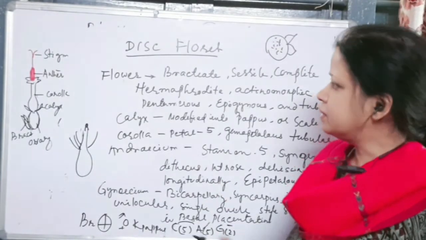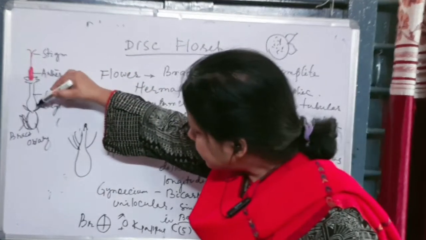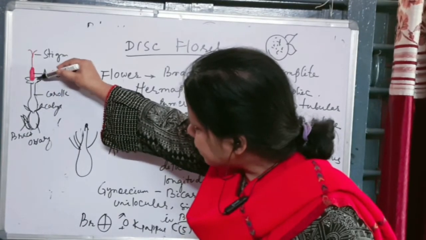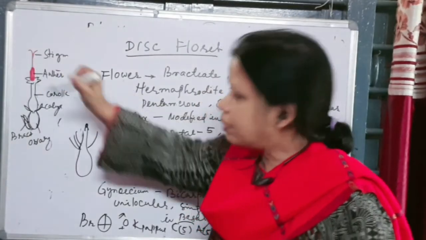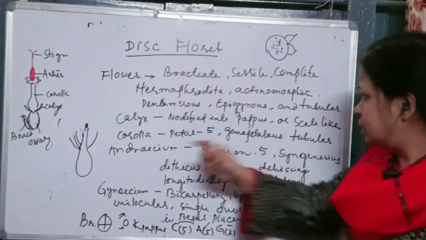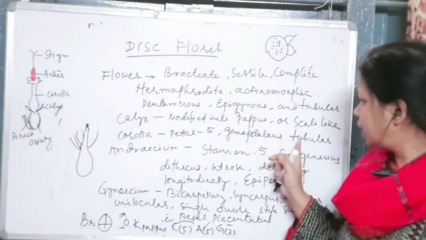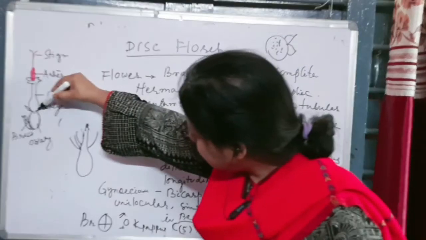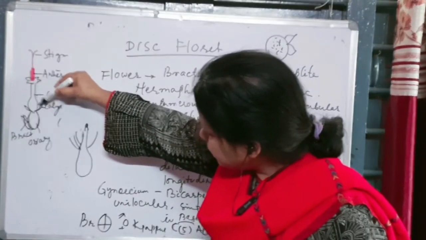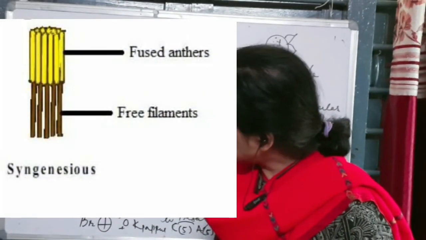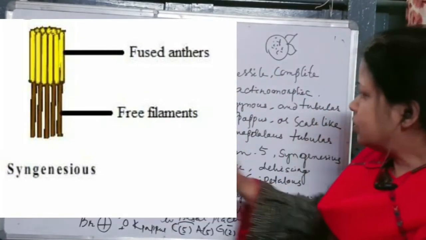All the petals fuse together to form this corolla tube, and these are the 5 lobes at the top of the corolla tube. This is gamopetalous and tubular. So this is the entire corolla. It forms a tubular form. So this is a tubular corolla.